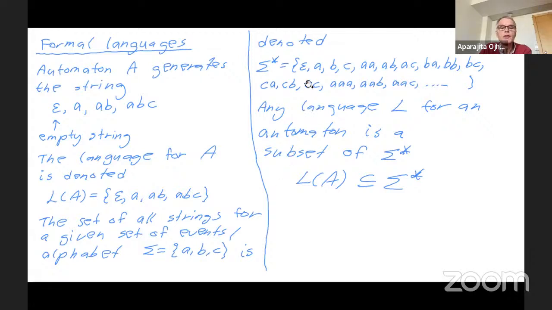So first, the epsilon word or epsilon string is a part of sigma star. Of course, the individual events A, B, and C, but also AA, AB, AC, BA, BB, BC, CA, CB, CC. And then we go up to 3 events in your string, and then the first one is AAA, AAB, AAC, etc. So think about all combinations that can be generated by this ABC.